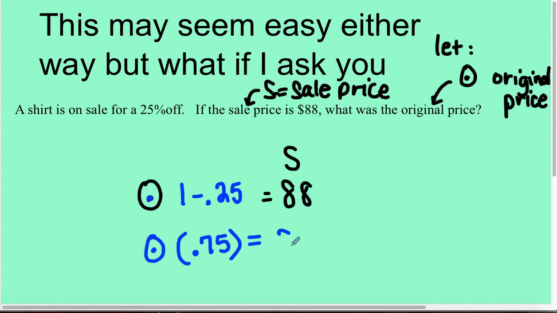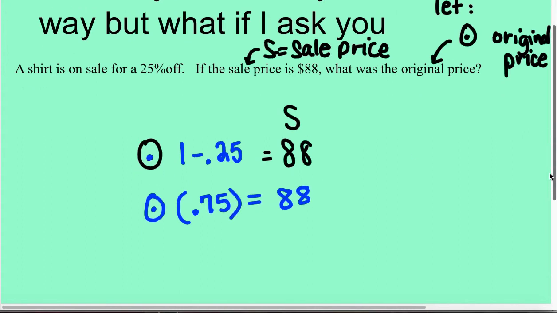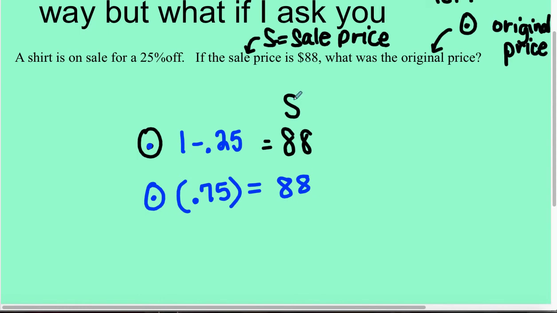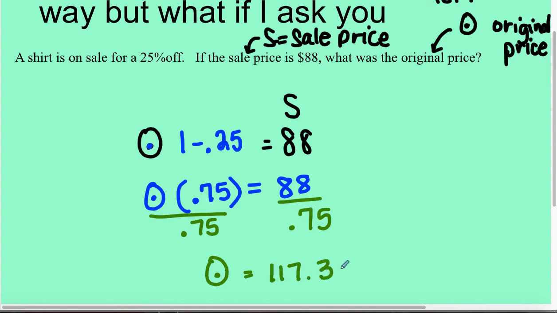So I'm taking 75% of the original price, and that's going to give me the sale price. So how would I find that original price? Well, I'd divide both sides by 0.75. So my original price would be 88 divided by 0.75, which would give me $117.33.